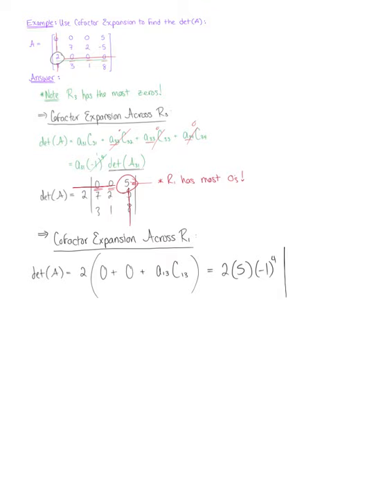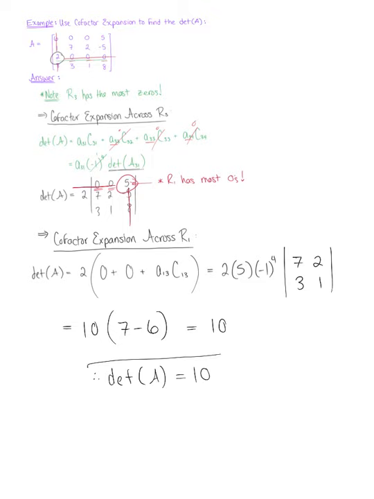So that's the determinant of the 2 by 2 matrix 7, 2, 3, 1. And so we have 10 multiplied by 7 minus 6 for a beautiful final answer of 10. And so therefore the determinant of our given matrix A is 10.